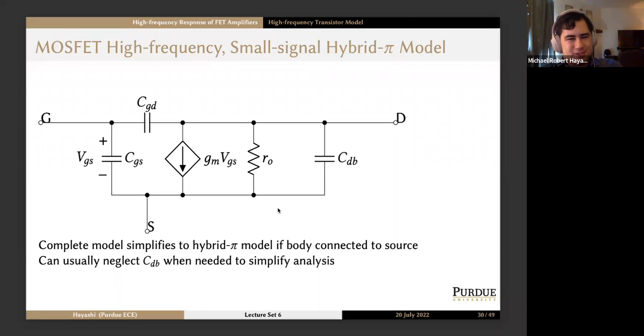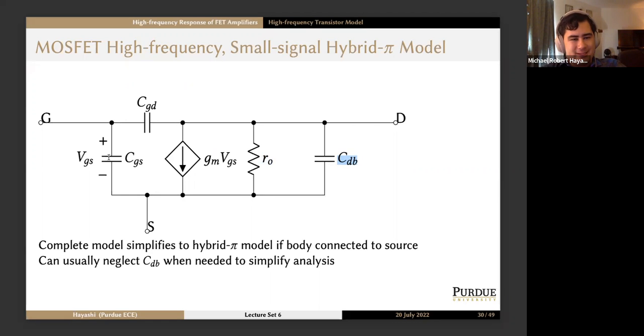So what we're going to do is just say this is part of our load, the same way r sub o usually becomes part of our primed load resistance. This will become part of our primed load capacitance. So now we have to deal with both resistive and capacitive loads in our circuit. Great.